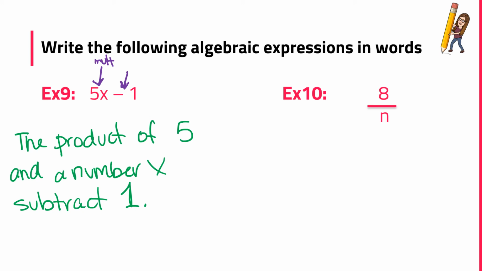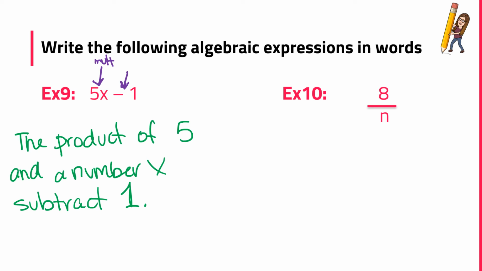You could say 5 times a number x minus 1. You could say 1 less than the product of 5 and a number x. So there's a lot of options. One of the reasons why I love this lesson is because you get to put your own thought into it. There's not one right answer when you're writing your sentence.